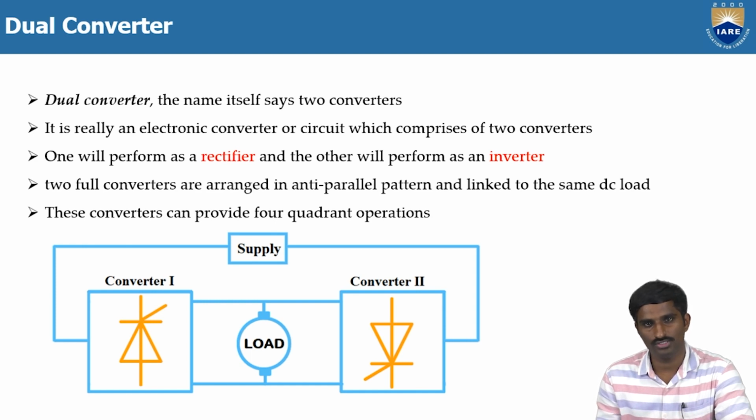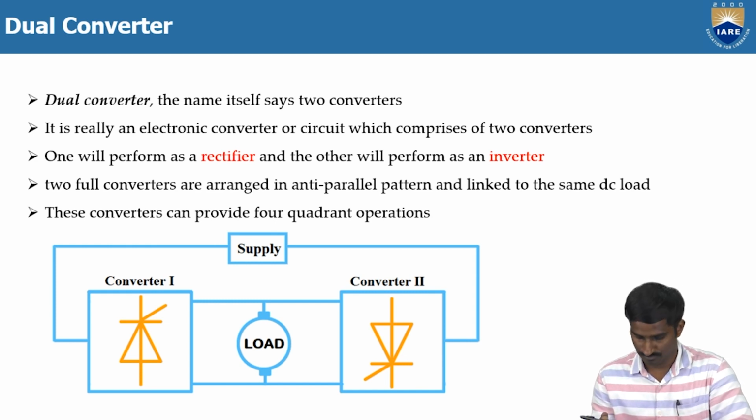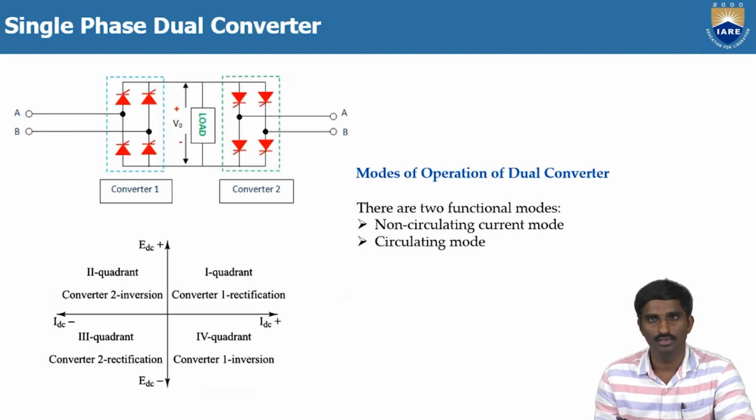If converter 2 performs as a rectifier, then converter 1 will perform as an inverter. So this is the basic structure of the dual converter, and this is the actual single phase dual converter, converter 1 and converter 2.